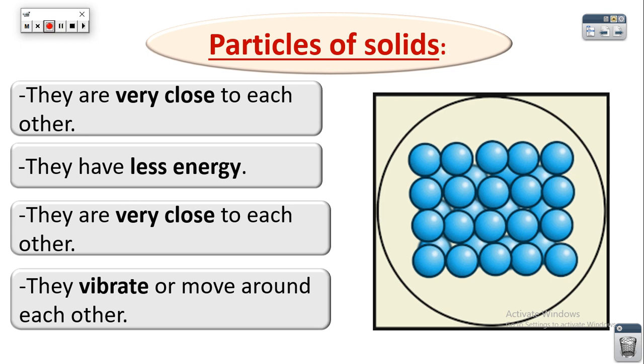In solids, I told you that the space between particles is very close and the energy is less. Why? Because the motion of the solid particles is to vibrate in their place or move around each other. They don't leave their place. They are still inside their place and move in their place. So they have less energy. As you can see, they vibrate in their place.